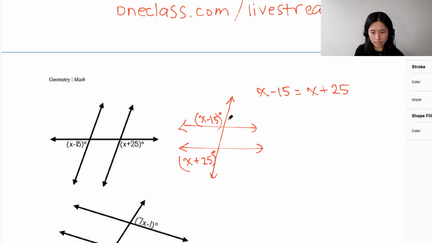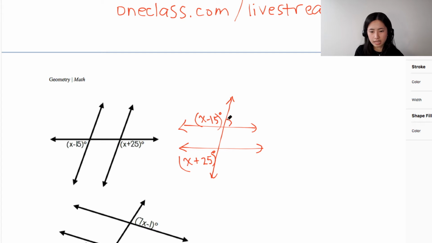Let's see. Actually, maybe we can go this route. I mentioned they're corresponding, but what if you turn them into alternate exterior angles? So let's say you have this over here and this over here.